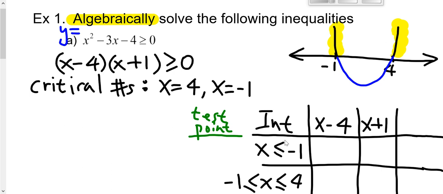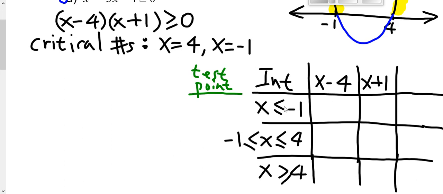If you look at this one here, x is less than or equal to negative 1, so pick any numbers that would meet this condition. Try not to pick a number that lies exactly here. So don't pick negative 1 because you are going to make your life miserable. Those are a little bit iffy regions. Anything less than negative 1 would be a good number to use.